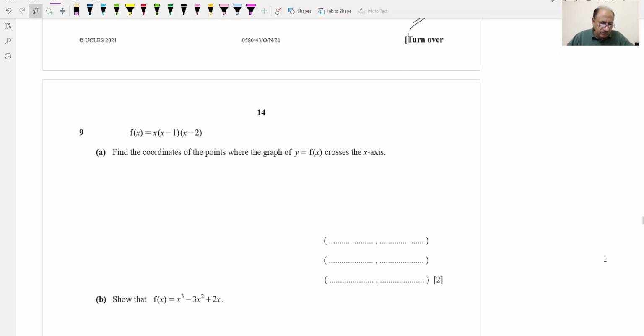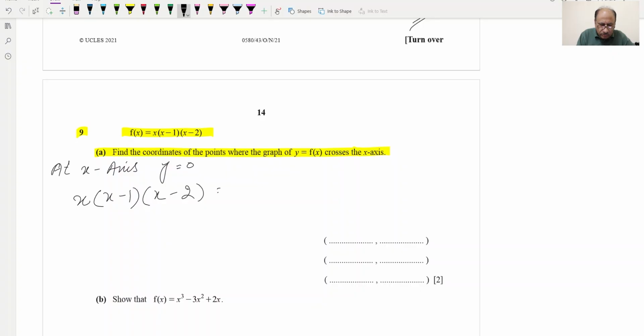Now for question number 9, they have given this equation: find the coordinates of the point where the graph of y is equal to f of x crosses the x-axis. When the graph crosses the x-axis, the y value will be equal to 0. So at the x-axis y will be equal to 0, so x into x minus 1 into x minus 2 is equal to 0.